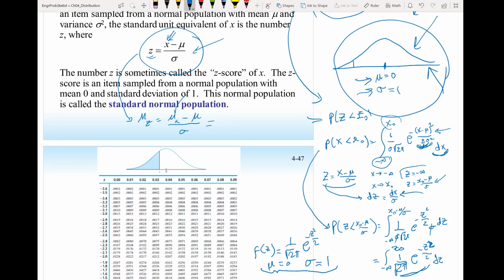Now the mean of x is the same as mu, because mu is the mean of x. So that will be mu minus mu over sigma, that is 0.